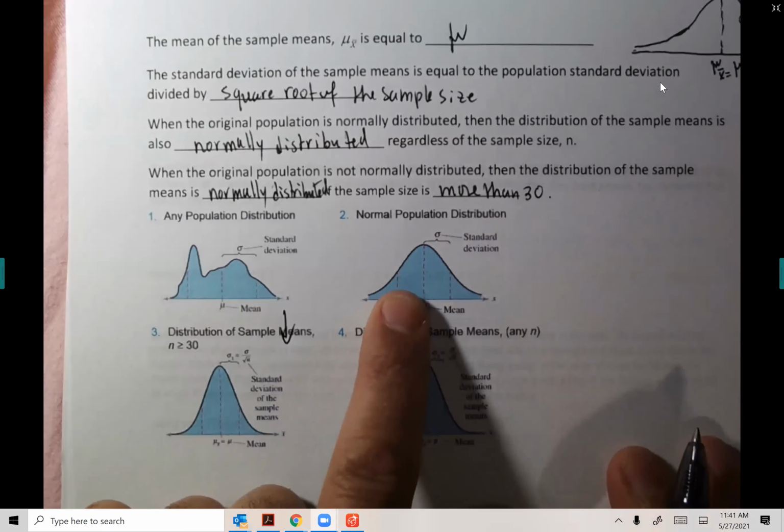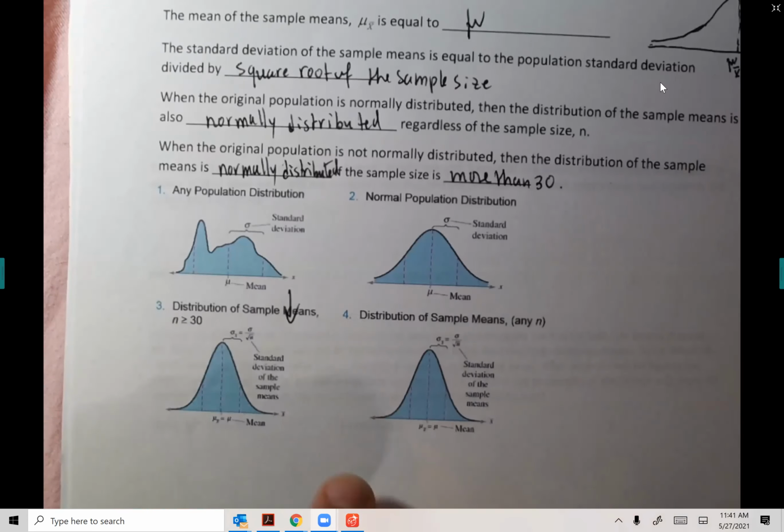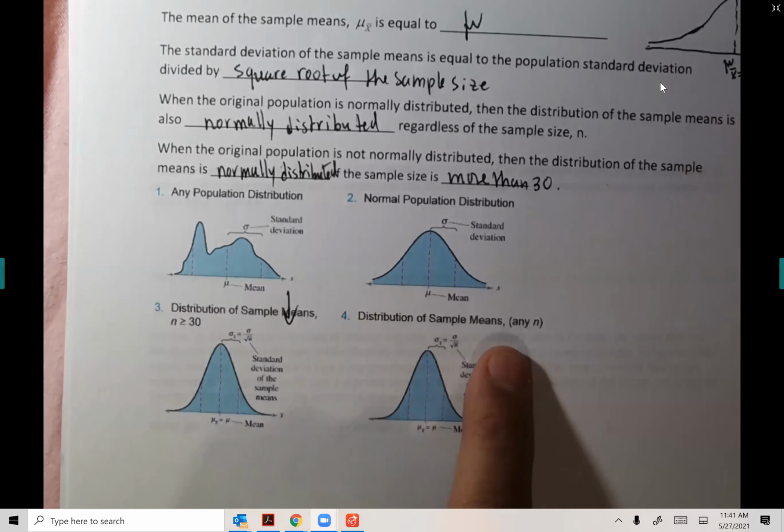Then we did a normal population. I started with a sample size of 5, if you remember, a small sample size, and it turned out to be a bell-shaped distribution as well, regardless of the sample size. So when your original population is bell-shaped, it doesn't matter what the sample size is.